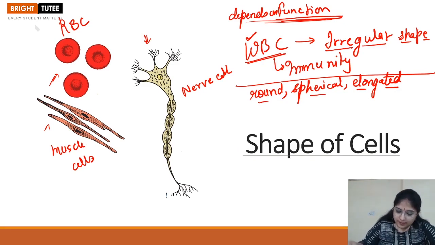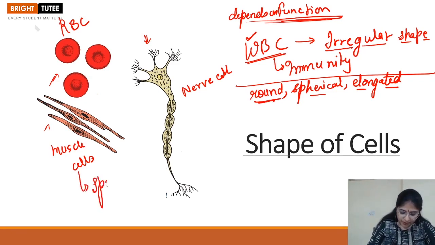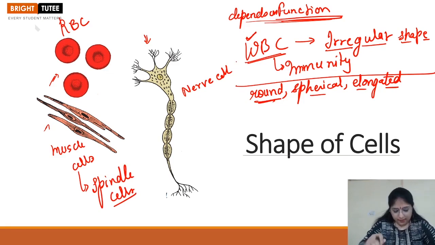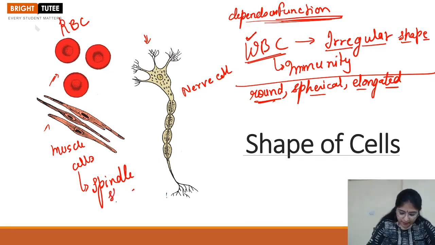Some of the cells are pointed on both sides, like your muscle cells, which are spindle shaped. As you can see, these are pointed on both sides. We can write it as spindle shaped cells, right?